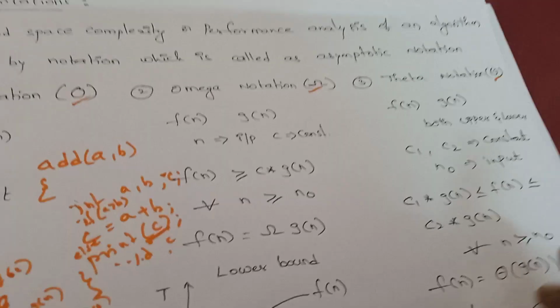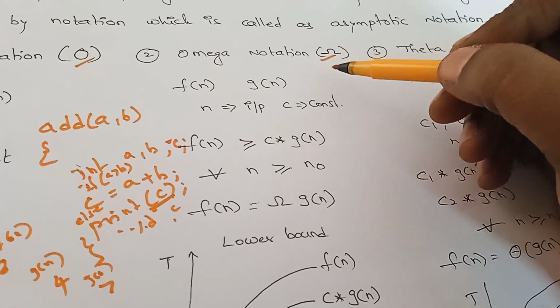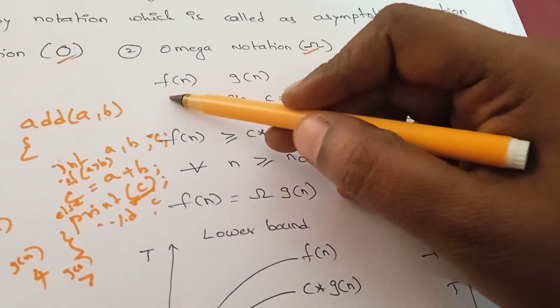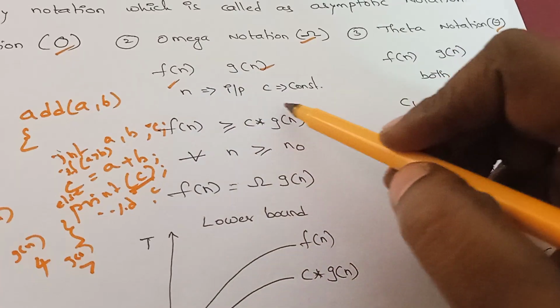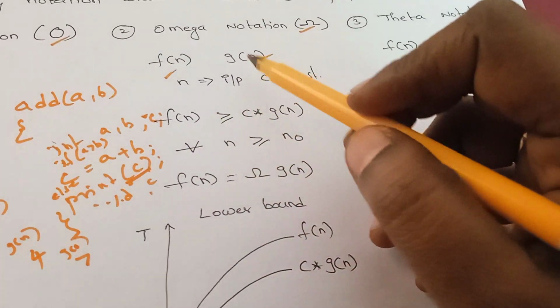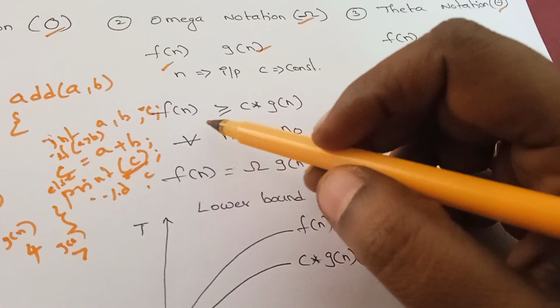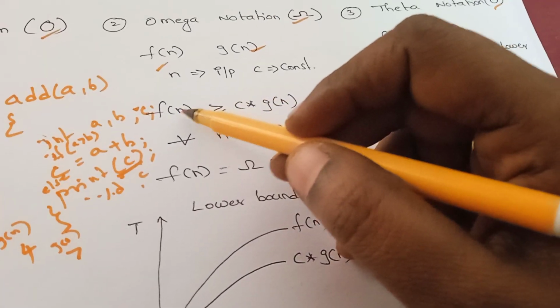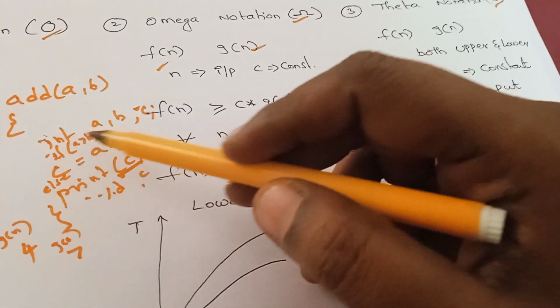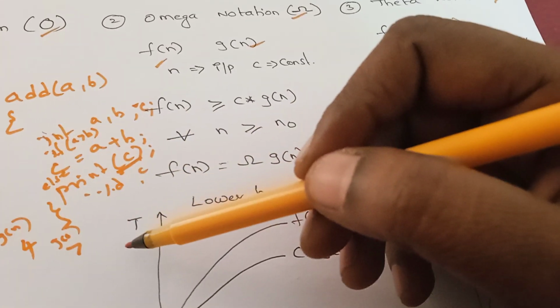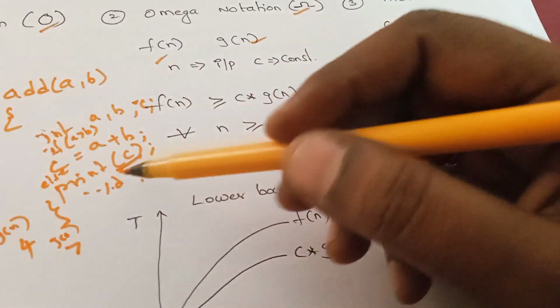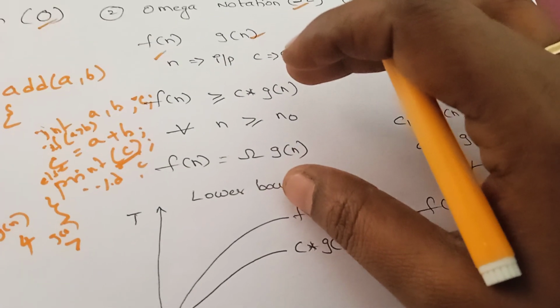Now omega notation. Omega notation again considers two functions f of n and g of n, where n is the input and c is a constant. In omega notation, f of n will be greater than c into g of n. That means some selection statement or decision making statements may be there, or else your program will take only a small number of comparisons.